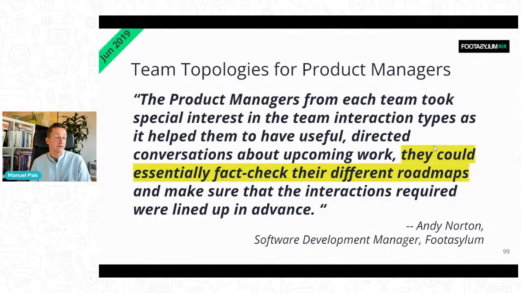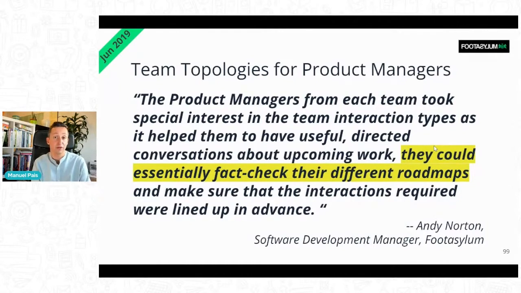One of the key things that they said helped them was that the product managers could now fact check their different roadmaps. Different product managers had different roadmaps, things they thought they should implement and validate for their users. Because teams were aligned to specific services and products, they could now understand what they need to do and when they need to interact with other product teams.